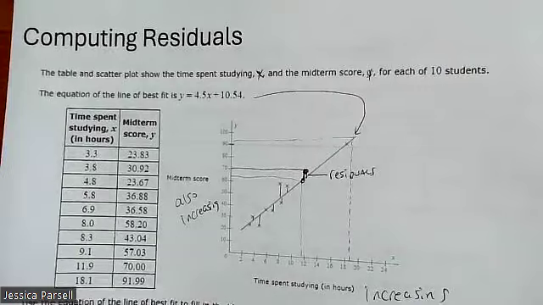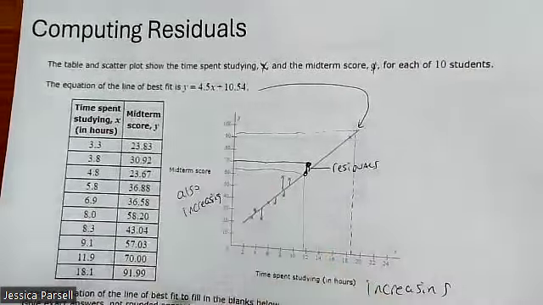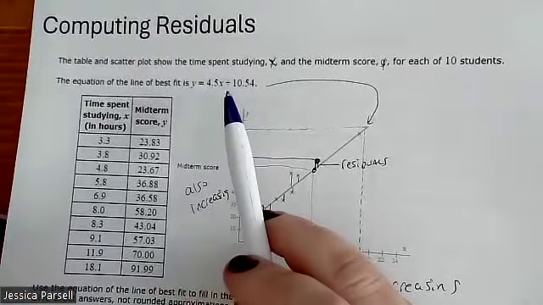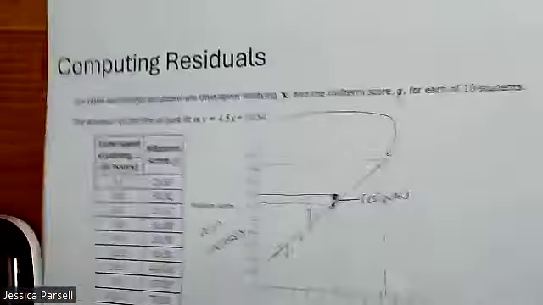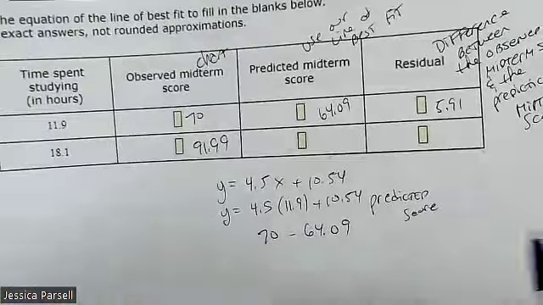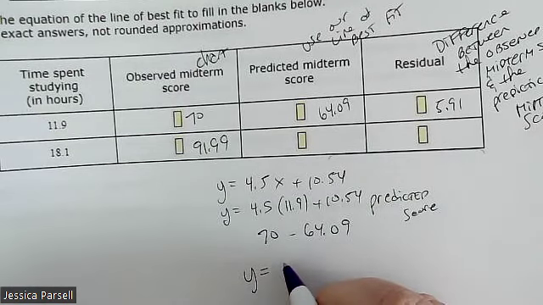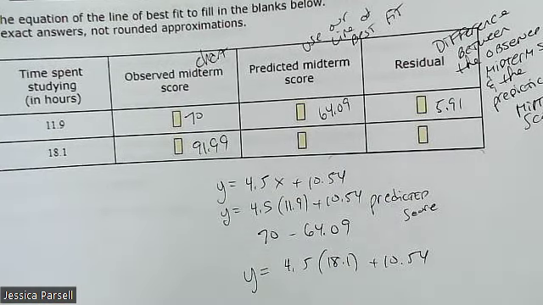Somewhere between a 90 and a 100. But this line goes with this equation, so we're going to plug in 18.1 to see what the line thinks that person should get. So we're going to do y equals 4.5 times 18.1 hours of studying to get the predicted score.